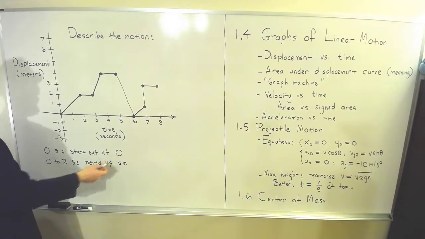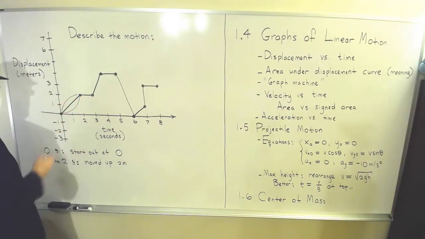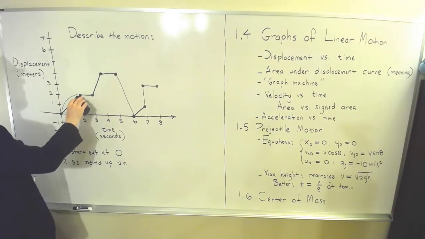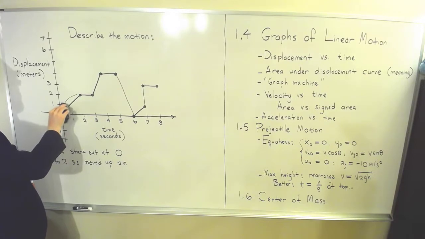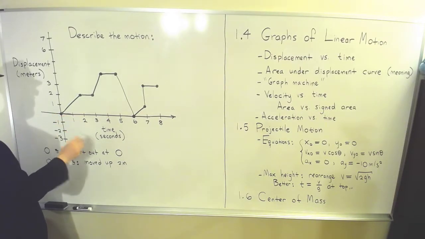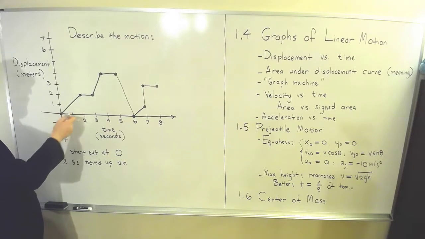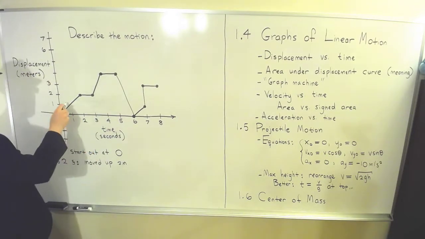And you can tell more details. The fact that the line here is straight instead of being curved like this or curved like this is telling you that you're moving at a constant velocity. So in particular, if you're moving at a constant velocity and you're moving 2 meters over 2 seconds, that would mean after 1 second you move 1 meter, as you see here.